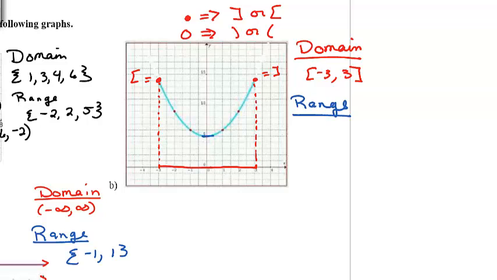The graph doesn't start until we get to right there, and it goes on up to right here. So that's our range, and you list them from smallest to biggest. The smallest value down here is 5, and it includes the 5, so we use a square bracket. And it goes on up to this value up here, which is 14. And again, these are filled in dots, and so we use a square bracket for that.